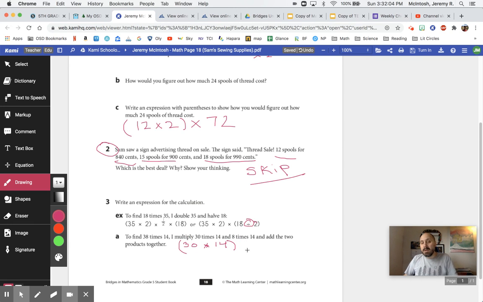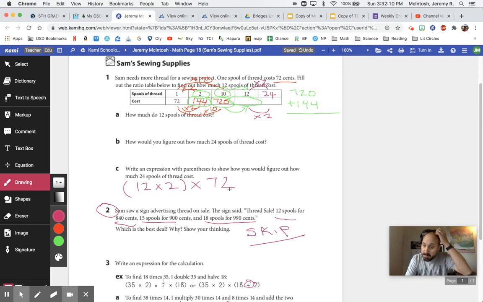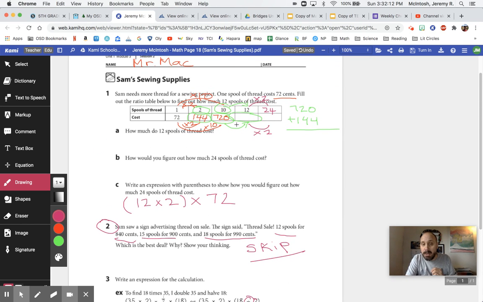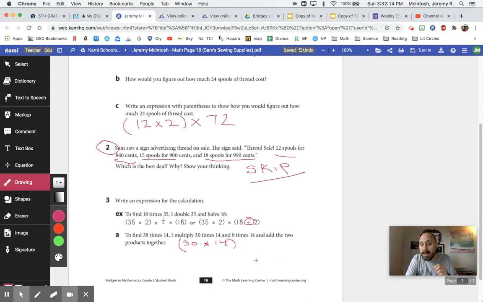So remember, once you do this page, if you want to tell me number 2, you can, but either pick number 1 or number 3 when you submit your assignment. Submit it with a video and explain to Mr. Mack or your teacher how you solved the problem, what your answer is and how you solve the problem.